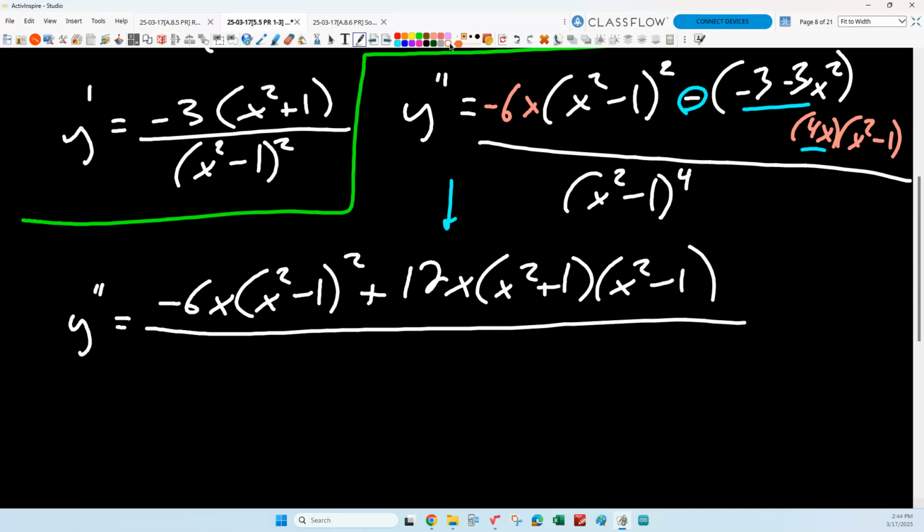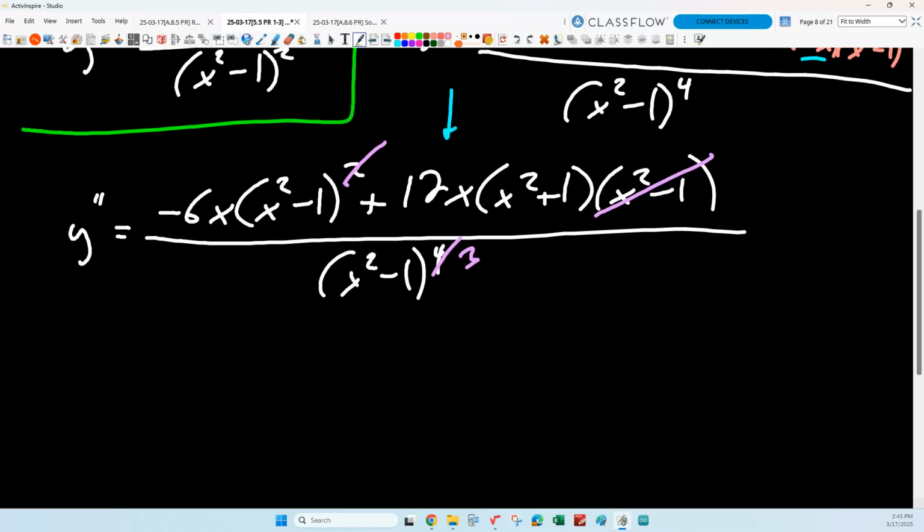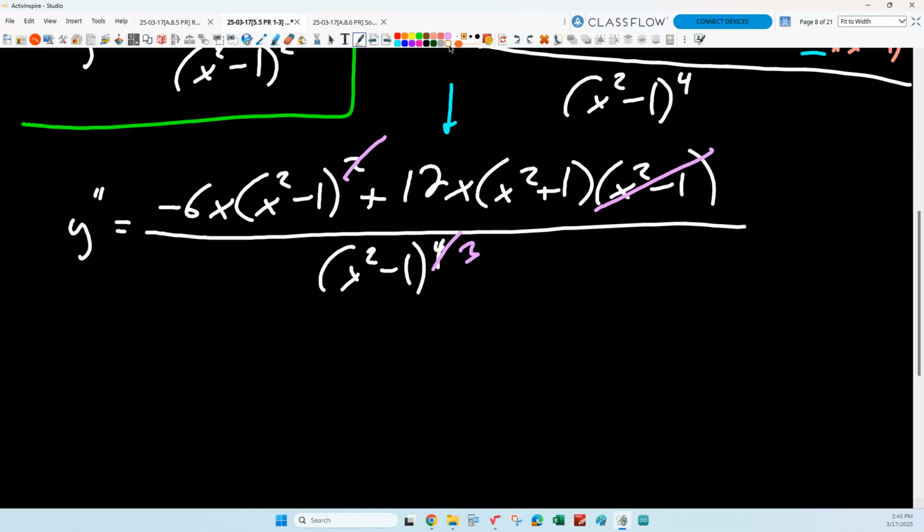Over x squared minus 1 to the 4th. What could I factor out and cancel? Okay, everybody see that? Look, I've got an x squared minus 1. I could cancel one of those from the top and just make that a cubed, right? And then I could factor out 6x, okay? What's that going to leave us with then?